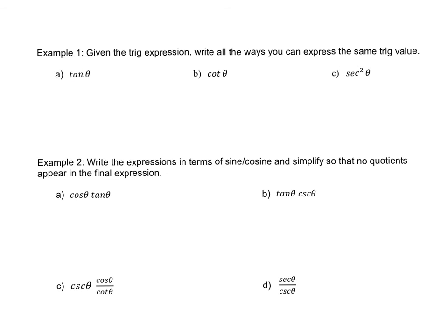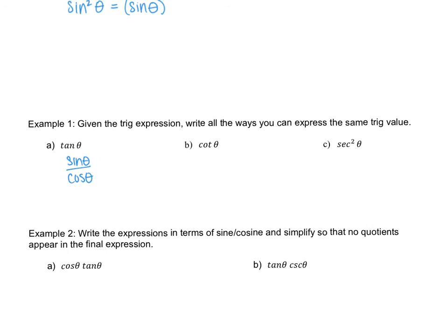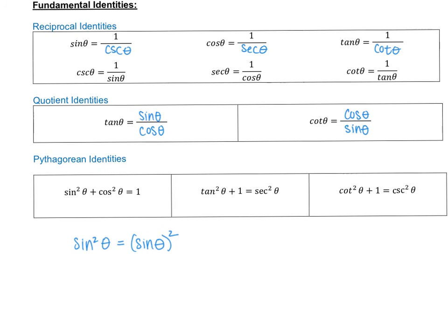So in this case, tangent. Tangent can be written as, that we have seen, sine over cosine using the quotient identity, which is right here. So tangent can be expressed as this as well.